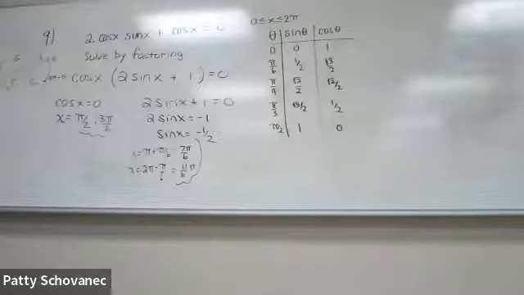In quadrant 1, I look over here. This occurs when theta is, or when x is pi over 6. So here I add pi over 6 to pi, and this time I can do it right. And there's our other x. Is that okay with you?